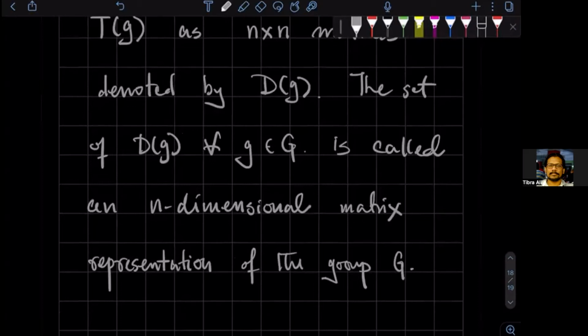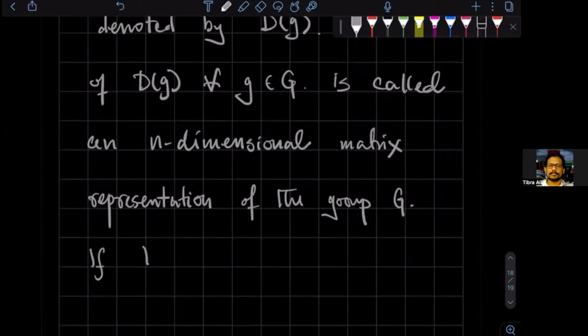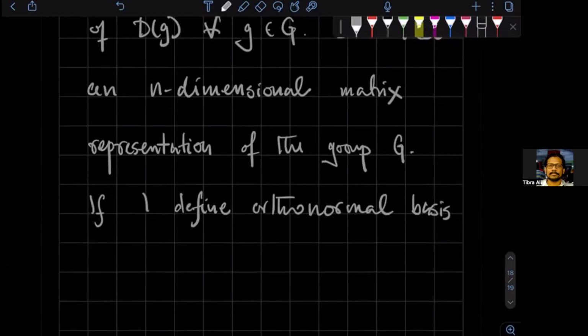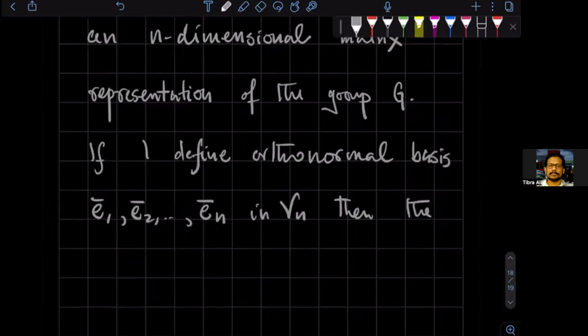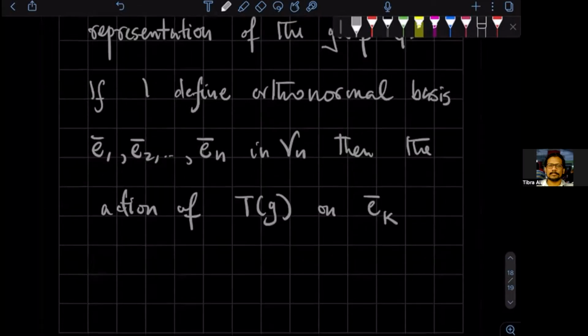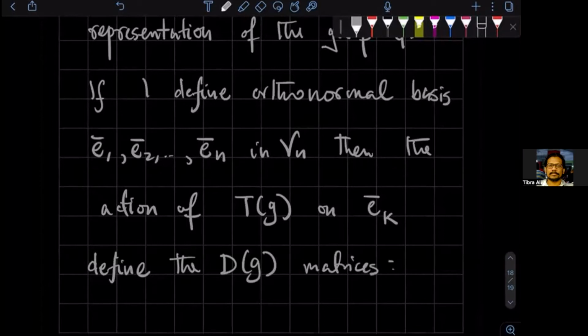So if I define some orthonormal basis, say E1, E2, ..., En in Vn, then the action of T of G on E of K defines the D matrices in the following way.